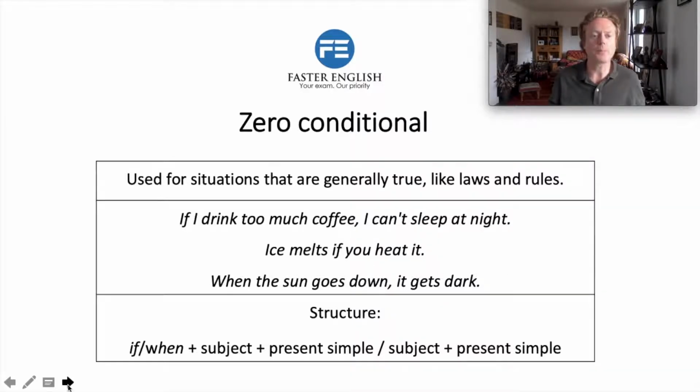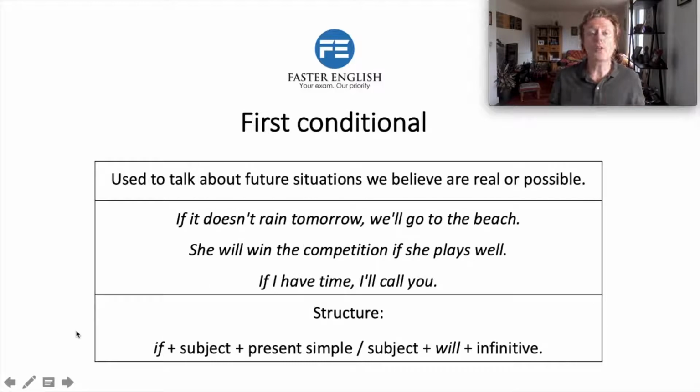Okay, next one. The first conditional is used for future situations that are real or possible, not imaginary future, a realistic future. Examples: if it doesn't rain tomorrow, we'll go to the beach. She will win the competition if she plays well.